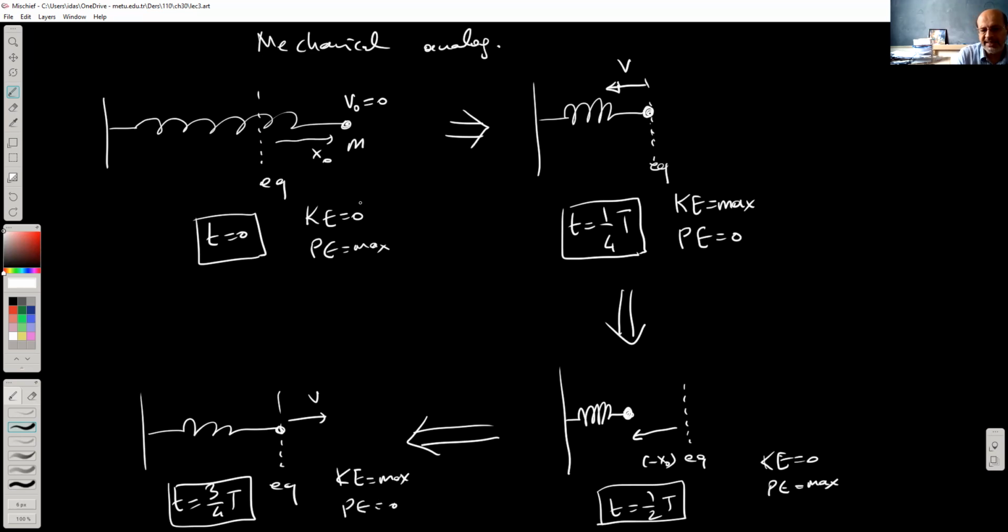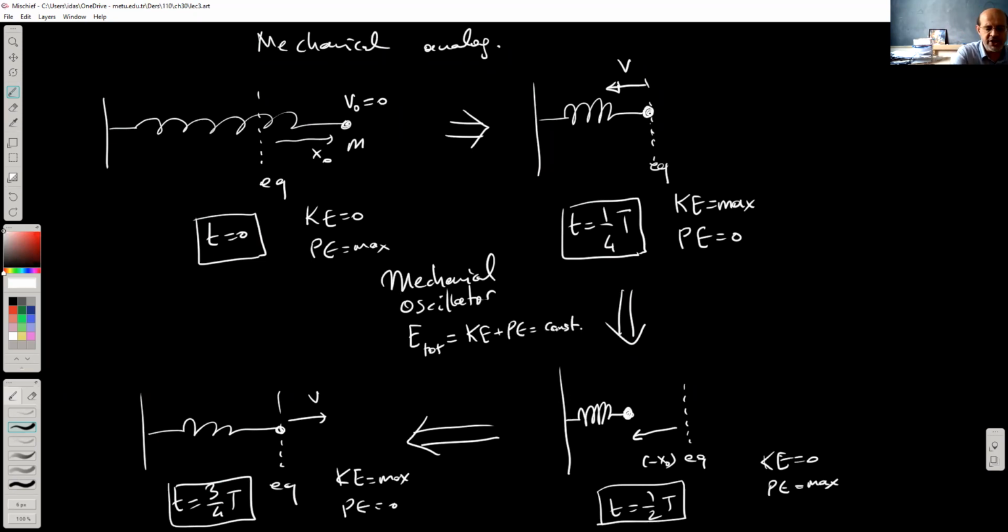So we have some kind of a periodic exchange of energy between the kinetic energy and the potential energy, all right? This is what we call a mechanical oscillator, where the total energy, the kinetic energy plus the potential energy, is constant.